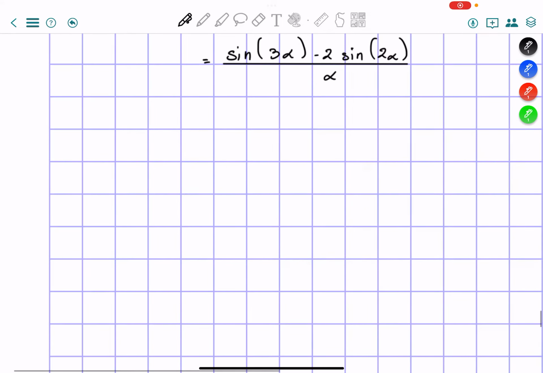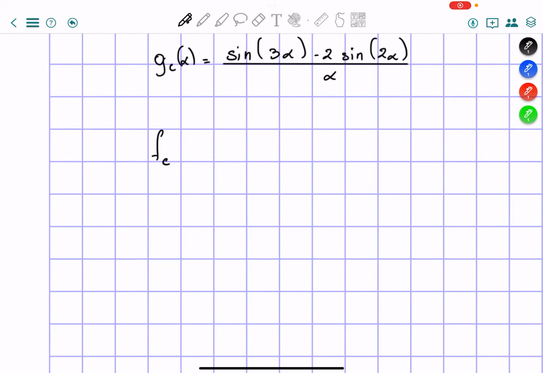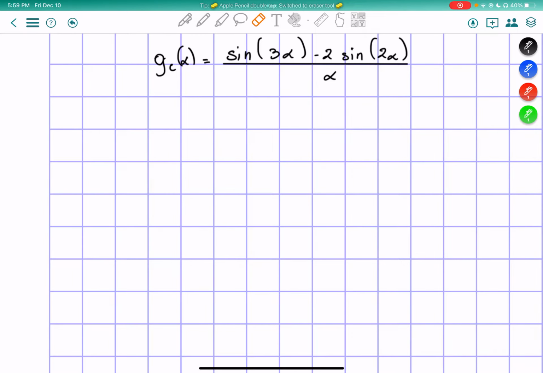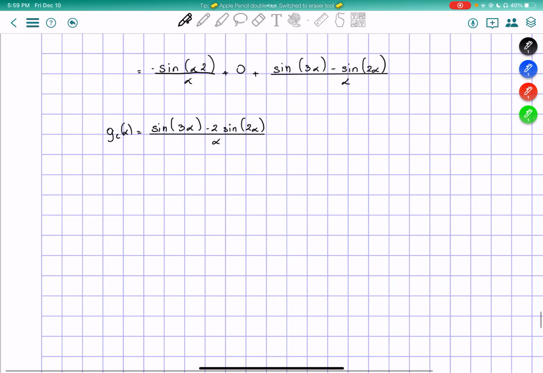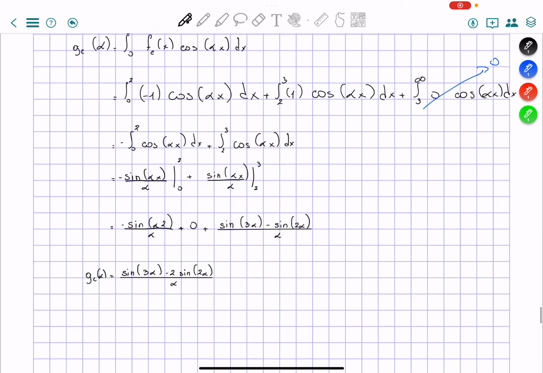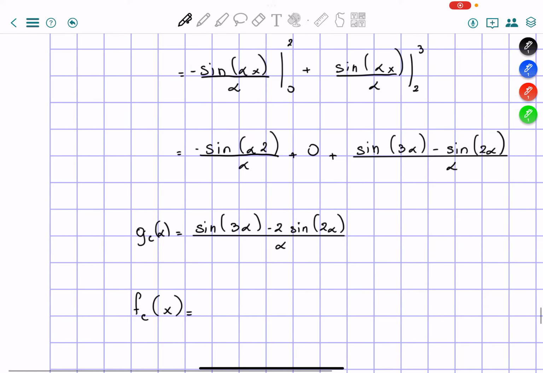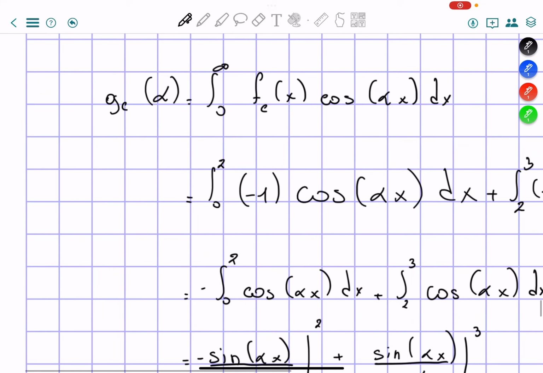Then, since this is equal to g_c of alpha, we're going to find f_c of x. This is equal to the full thing from 0 to infinity. One thing that I forgot to write was the square root of 2 over pi in front.